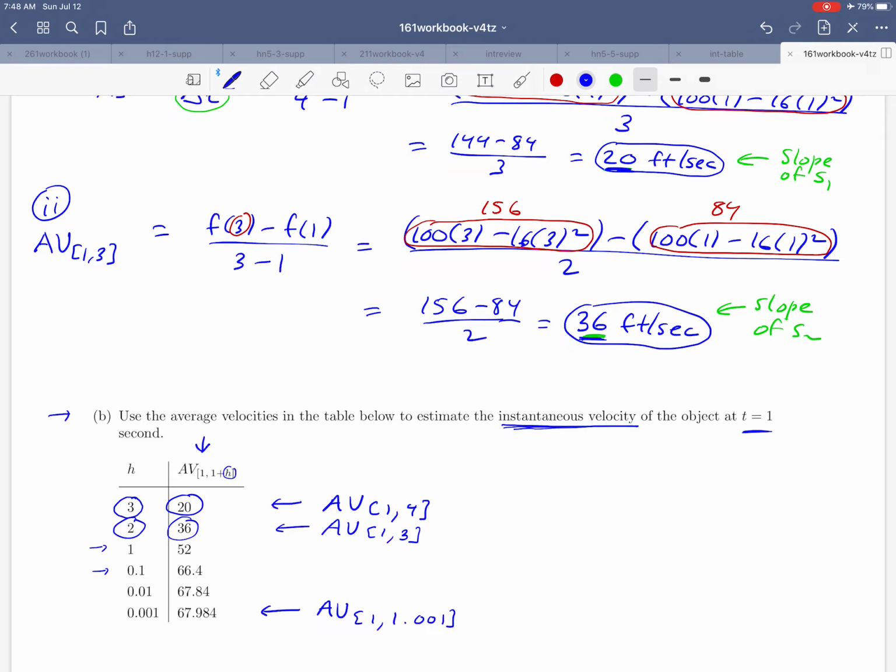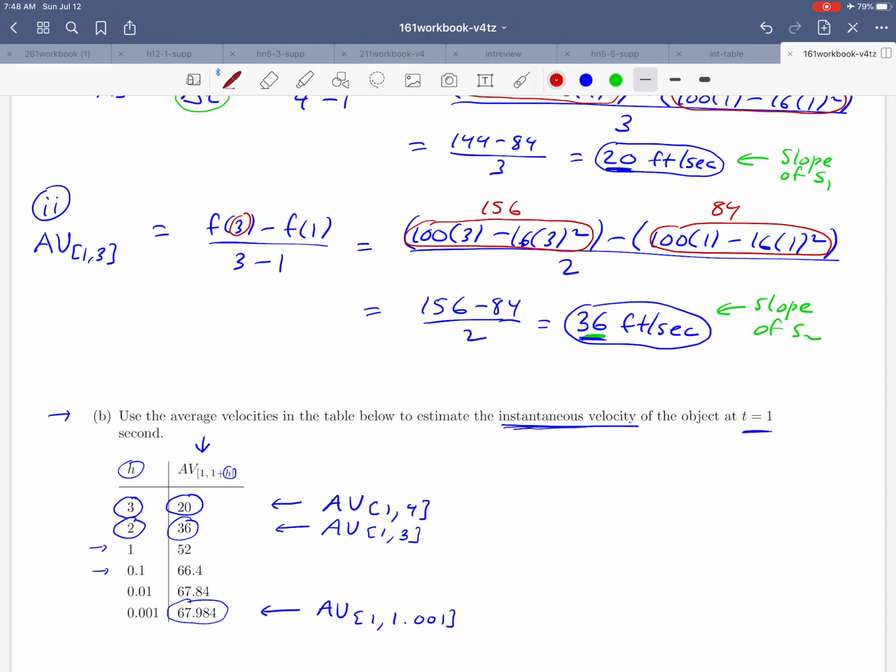Because that average velocity takes place over such a short time interval, this last number is probably a pretty good estimate of the velocity right at 1. If you think about the table as a whole, these average velocities should be approaching the instantaneous velocity. The smaller that h is, the better the approximation is going to be of our instantaneous velocity.